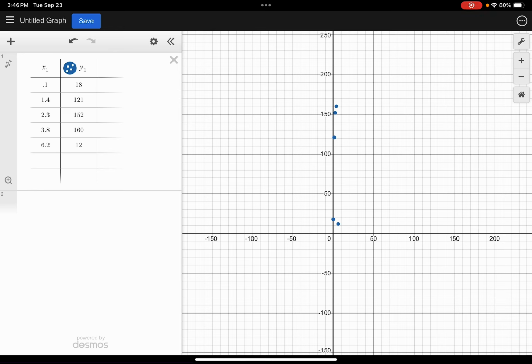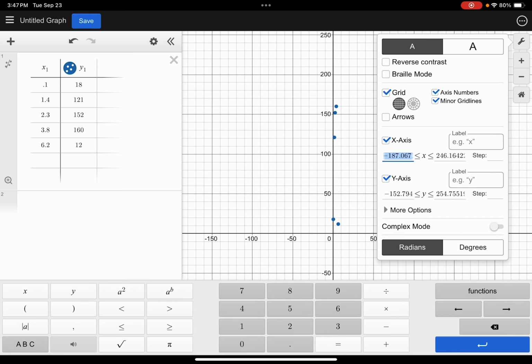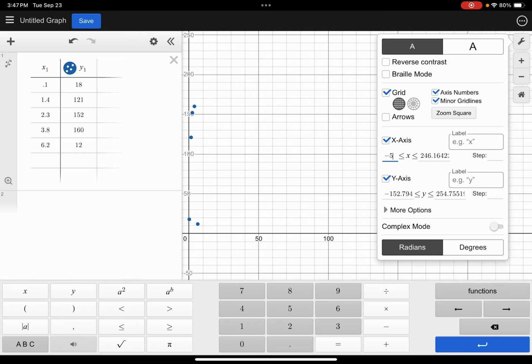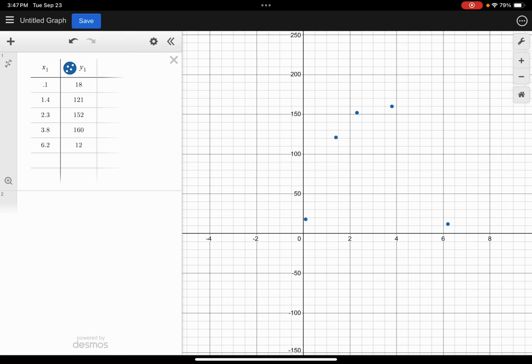That doesn't look right. Oh, you know what? Let's change the scaling here. The x-axis. I needed to scale out to find the top of that, but now it just looks absolutely absurd. So let's go from, say, -5 to, we only went as high as 6, so maybe 10. Okay, now there's the potential for it to be quadratic.